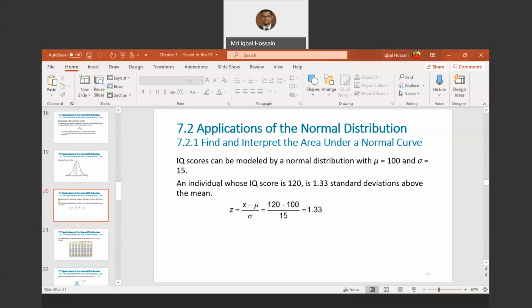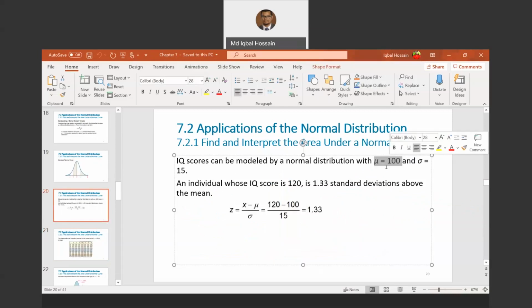In the next slide we have different values for IQ score, where the mean is 100 and the standard deviation is 15.